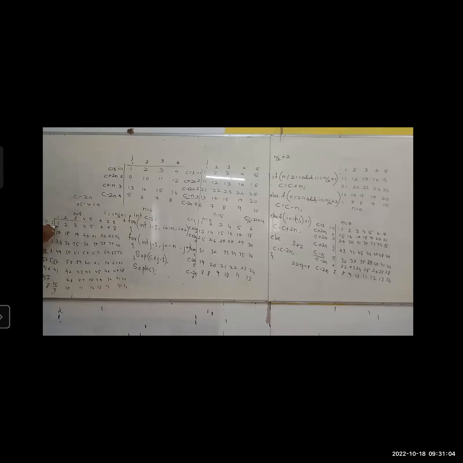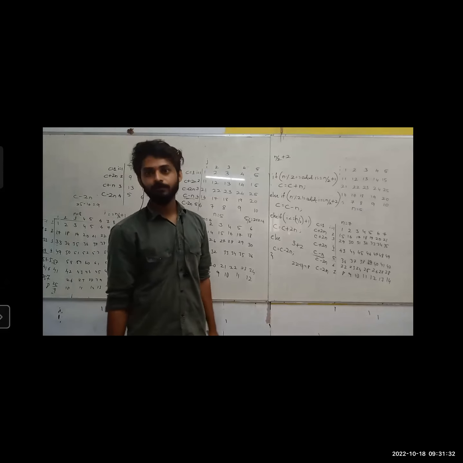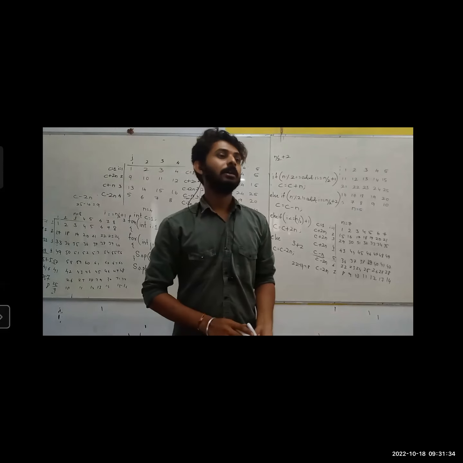So now we should check 1, 2, 3, 4, 5, 6, 7, 8, 9, and then 24 after 9, 16, 17 up to 24, 25, and then up to 32, 33, up to 40, 41, up to 48, 49, up to 56, 57, up to 64, which means the logic is perfectly right for n value as even.